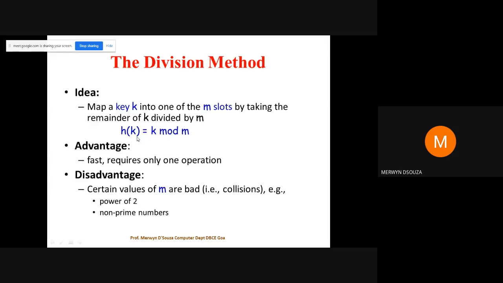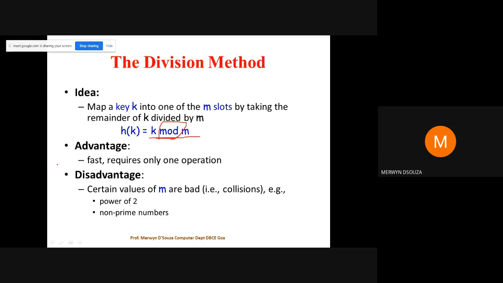Okay, so basically what it does is it makes use of the modulus function to store the data inside the table. In the next slide we'll see one example, so don't worry how this works. The most basic way this function is implemented is like this: k mod m.